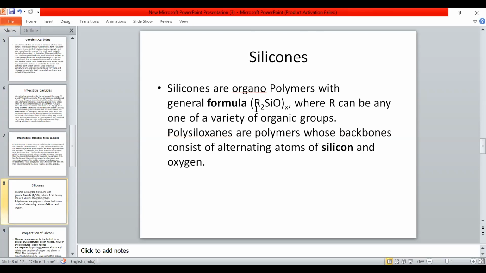This is the general formula of silicones, where x means the number of times it polymerizes, and R can be any one of a variety of organic groups. Polysilicones are polymers whose backbone consists of alternating atoms of silicon and oxygen. So silicones are very industrially important compounds.